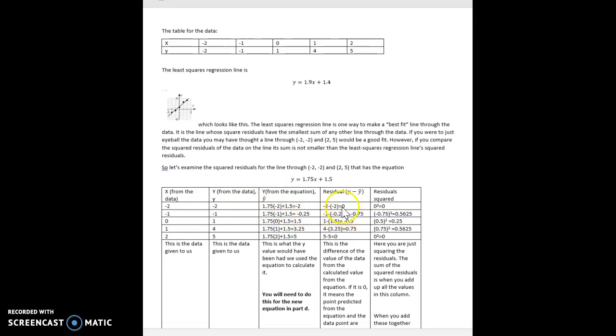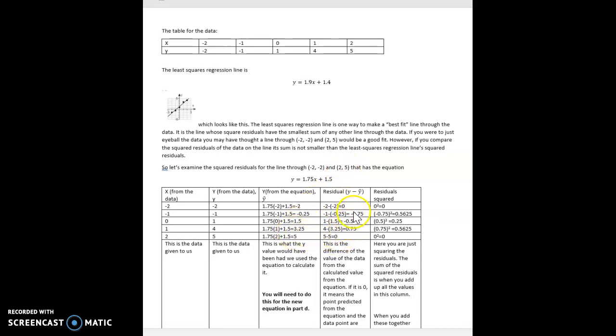Okay, so that means that if you had a 0 there, it meant that the point here, -2, is the exact same y value as in your data. Which makes sense for this point here because we chose the line going through the -2, -2 point. Similarly, here the y value is 5, which is the other point we chose to go through, so that residual is 0.